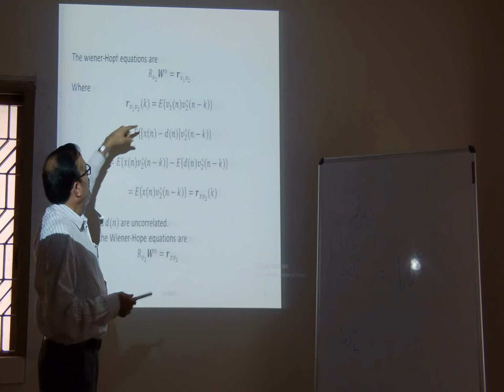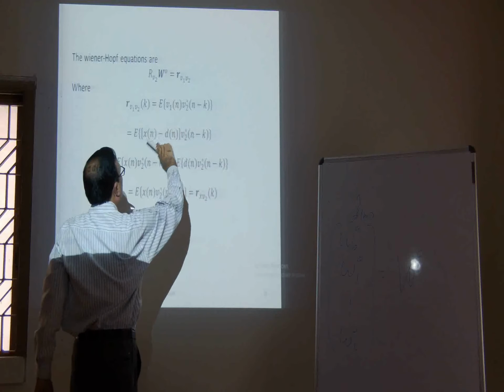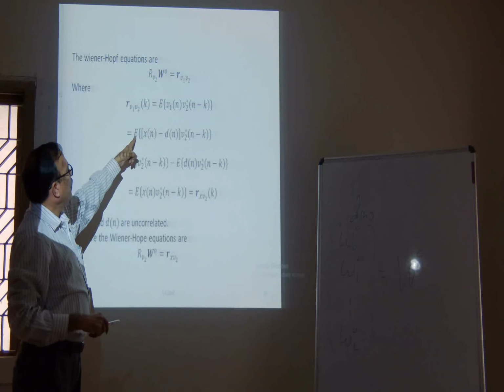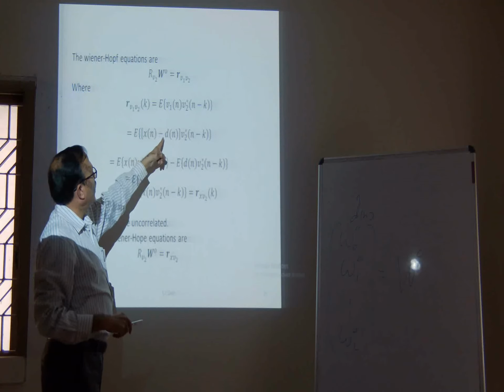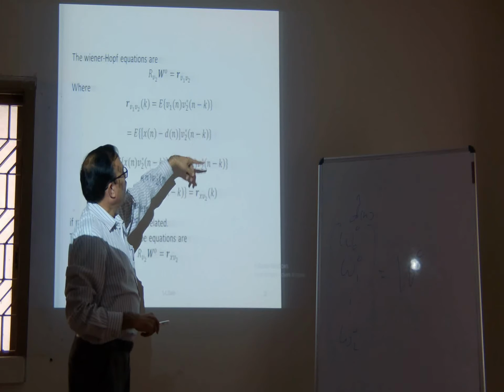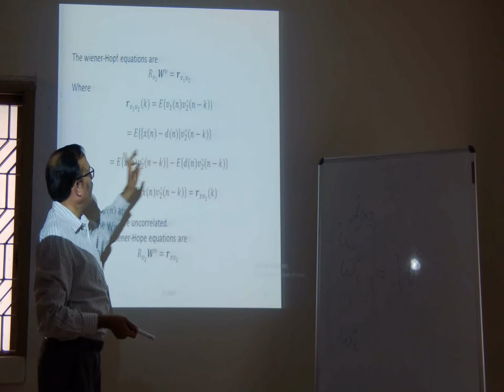Here R_v1v2(k) is nothing but this one, as we know it from the matrix form before. It is E of v1(n), which is x(n) plus v1(n), into v2 complex conjugate n minus k. Now if you multiply, we get these two factors.